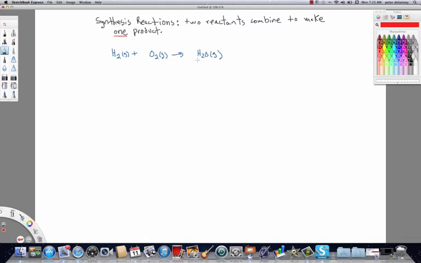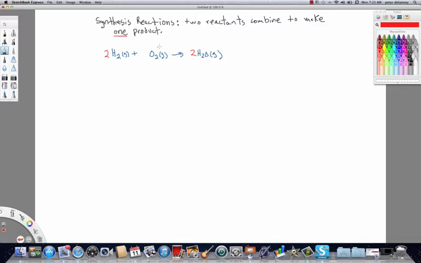So in other words, we need the same number of oxygens on the right side of the arrow as we have on the left side of the arrow. So we're going to need to put a 2 here to equalize the oxygens, and when we do that, you see that we have a total of 4 hydrogens now, so we're going to need a 2 here. And now this equation is properly balanced.